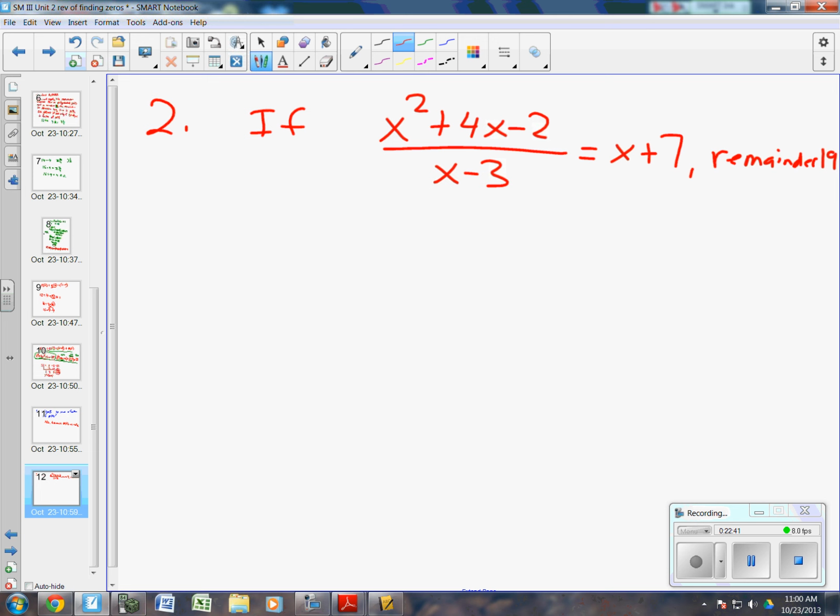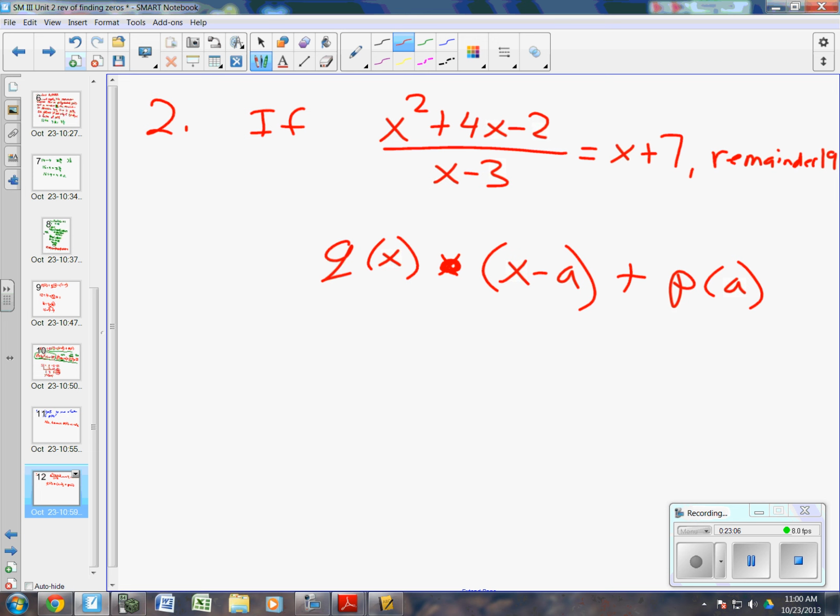Rewrite x squared plus 4x minus 2 as q of x times x minus a plus P of a. So you're going to write q of x times x minus a plus P of a.